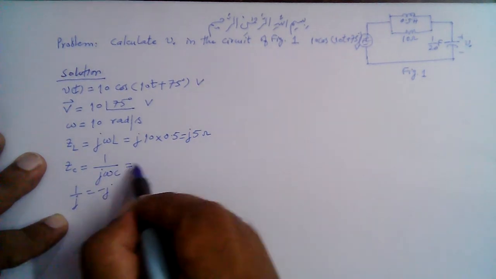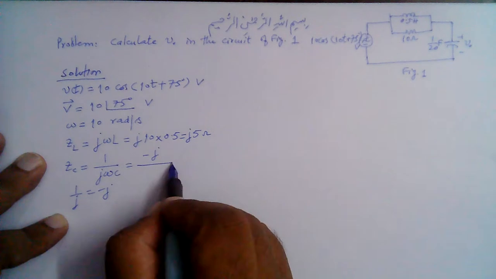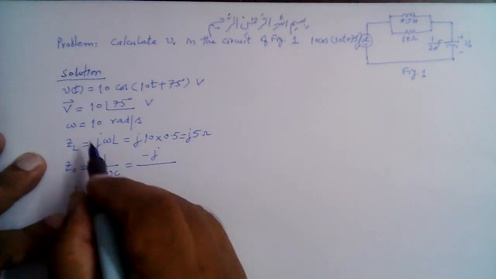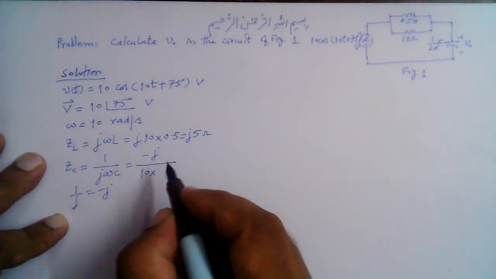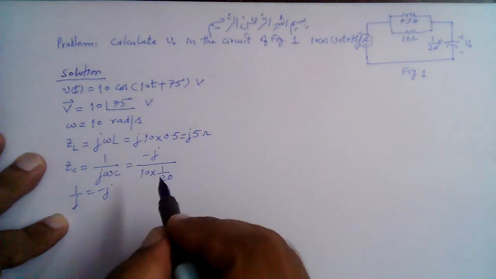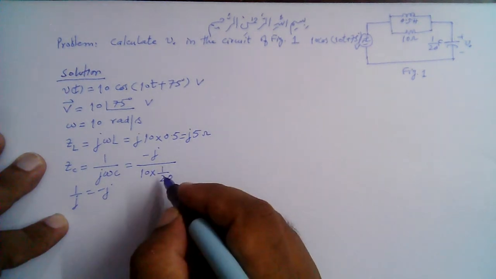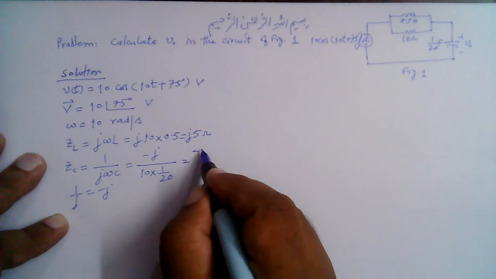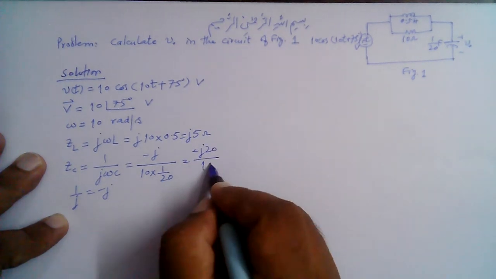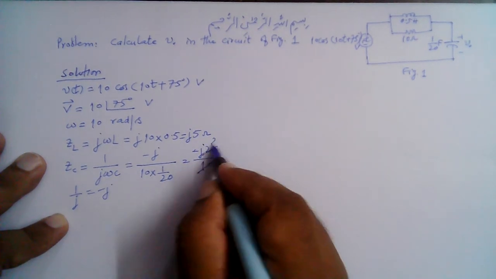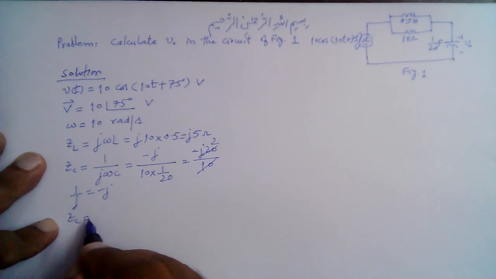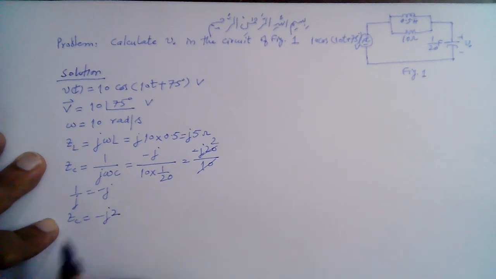And so that is minus J divided by omega is 10 and C is 1 over 20. So that is basically minus J 20 over 10. So that leaves us with ZC is equal to minus J2 ohm.